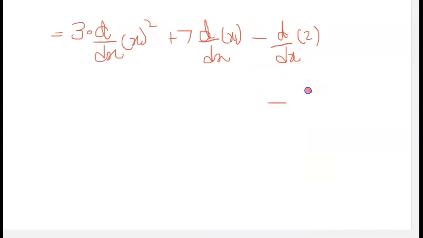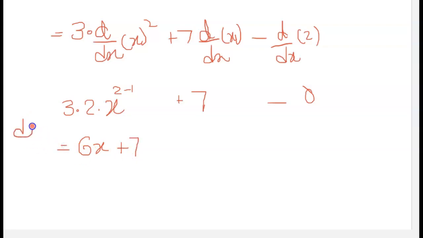You know the differential of the constant is 0, so I put straight away 0. When I differentiate 7 d over dx of x, that's a 7, dx over dx is just a 1. 3 is there. The 2 comes out, reduce the power by 1, 2 minus 1. So that becomes a 6. Let's write properly: 6x plus 7. This is your dy over dx.